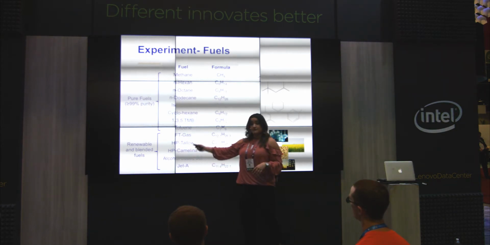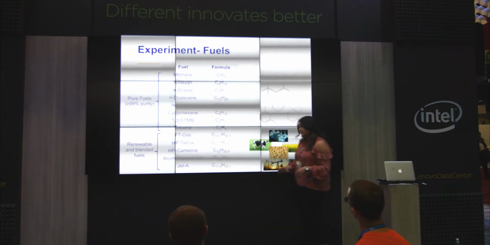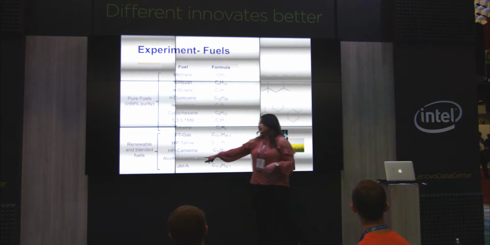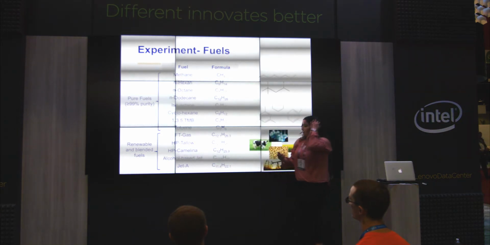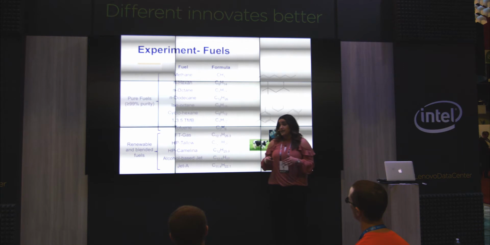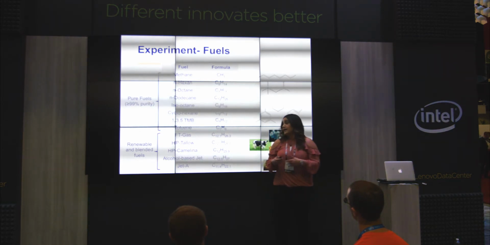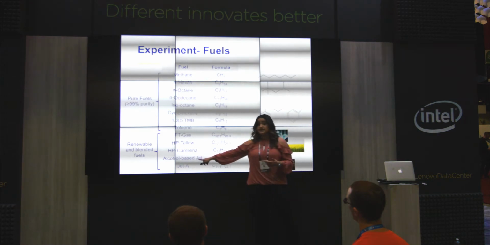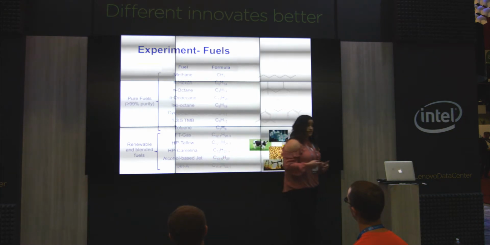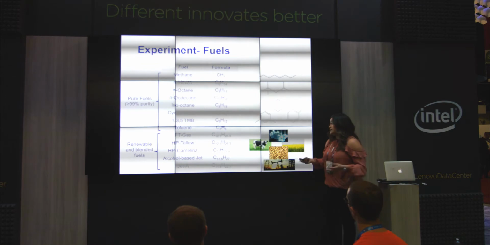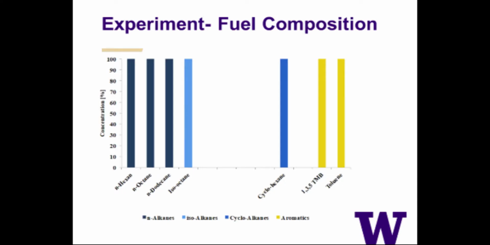They're made from animal fat and from camelina seeds. And alcohol-based jet is made from biomass. Last year, about this time, Alaska Airlines flew an airplane from Seattle to DC that contained 20% of this fuel. And ever since, a lot of other airlines have started blending renewable fuels to their system, and they've had successful flights.